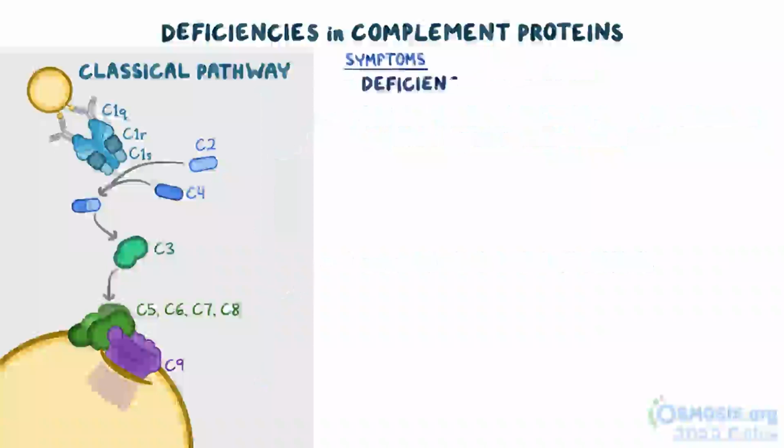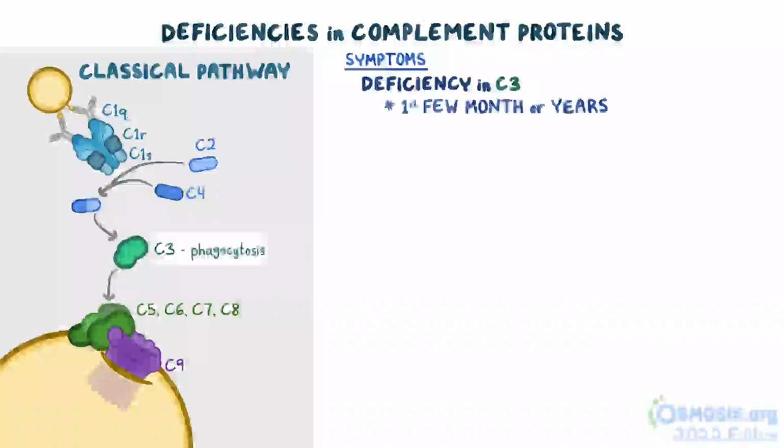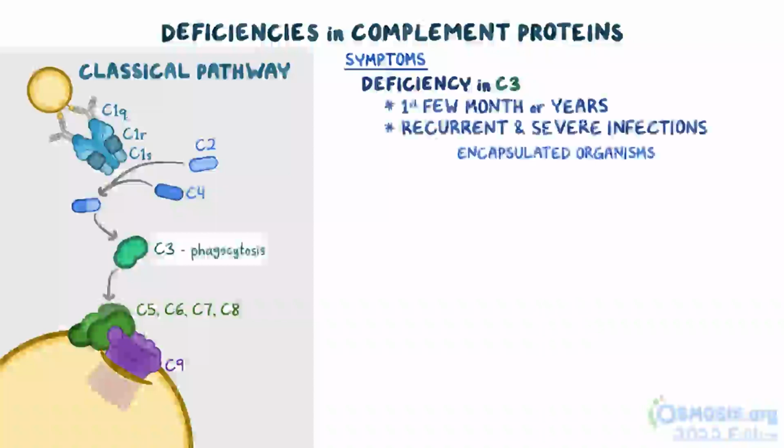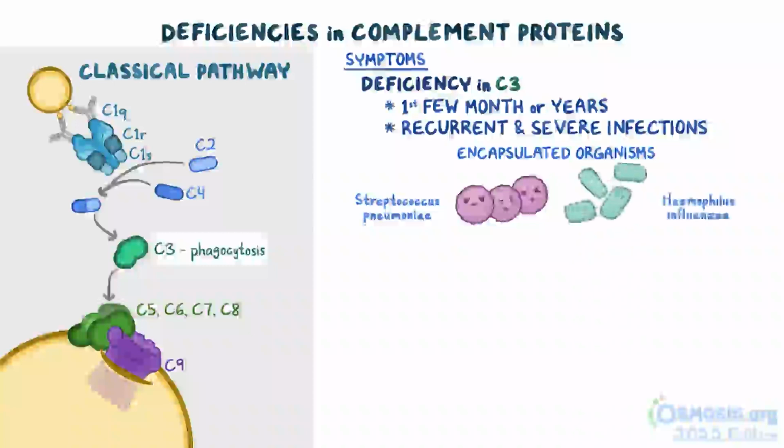Specifically, deficiency of C3, which plays a central role in phagocytosis, often presents in the first few months or years with recurrent and severe infections with encapsulated organisms like Streptococcus pneumoniae and Haemophilus influenzae.